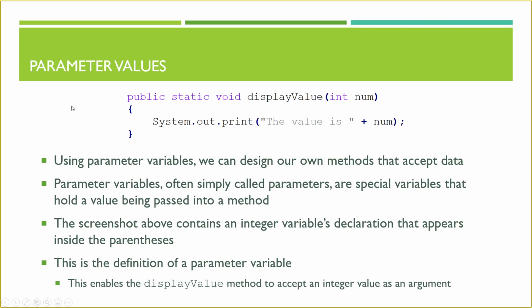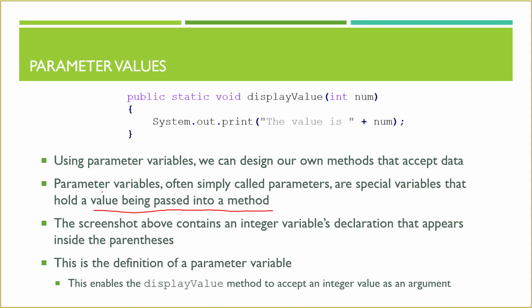So why are arguments being discussed here? Well, we have a concept called a parameter variable, and that is a special type of variable that holds a value being passed into a method, right? What values are passed into methods? Well, those are arguments, right? We just discussed that.